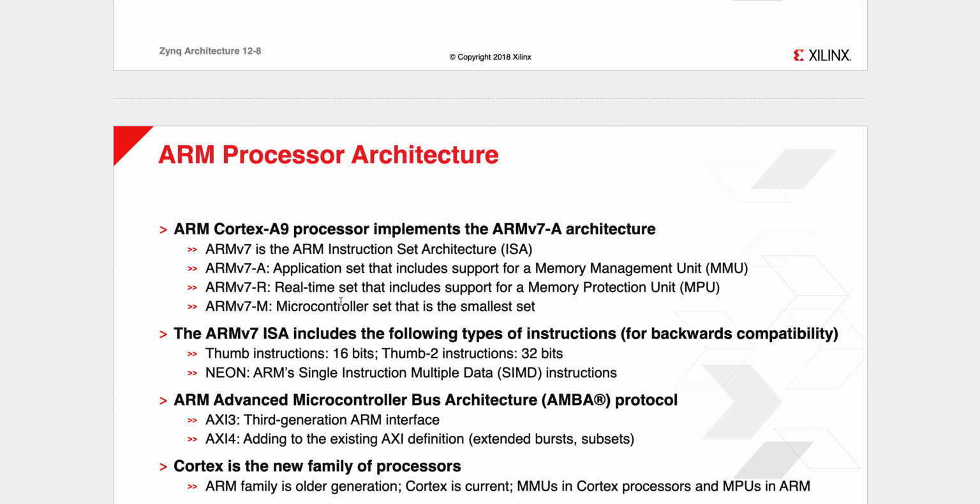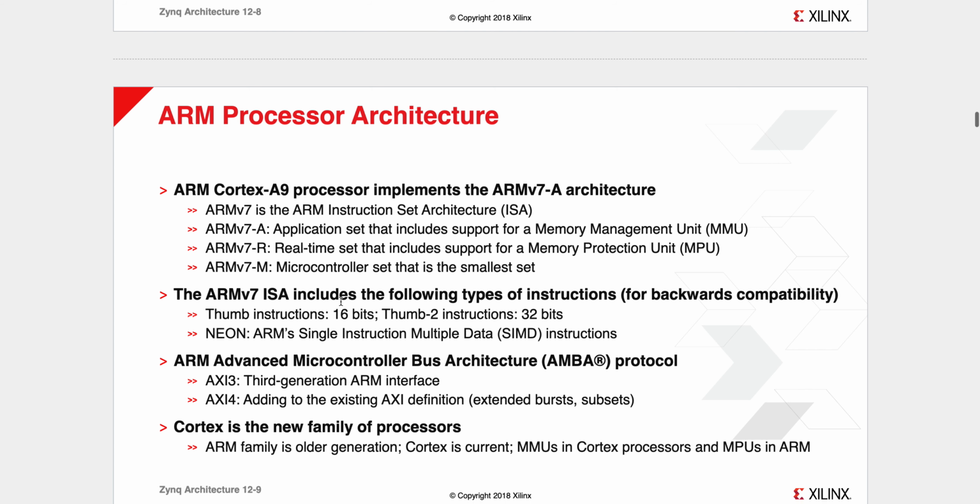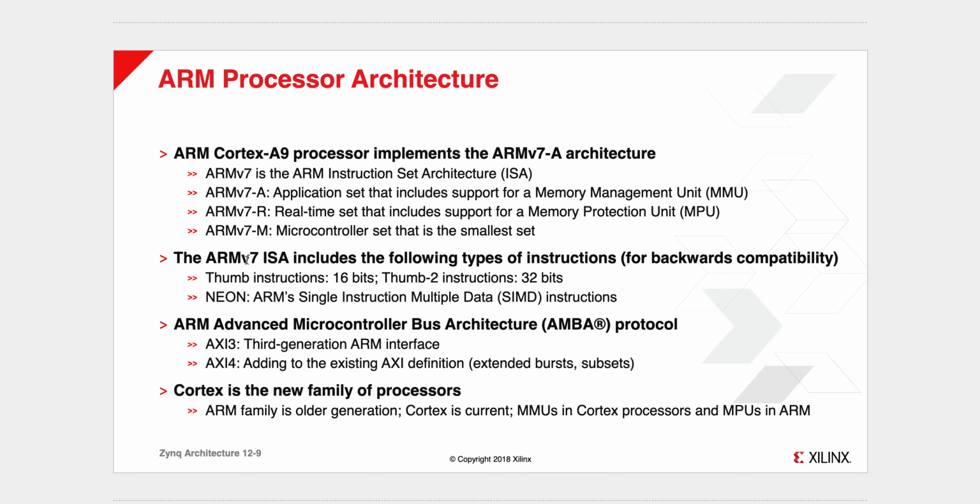So we need to look at what the ARM v7 ISA does. The ARM v7 ISA includes the following types of instruction. The ISA, which is the instruction set architecture, has two types of instructions. Why does it have two types of instructions?